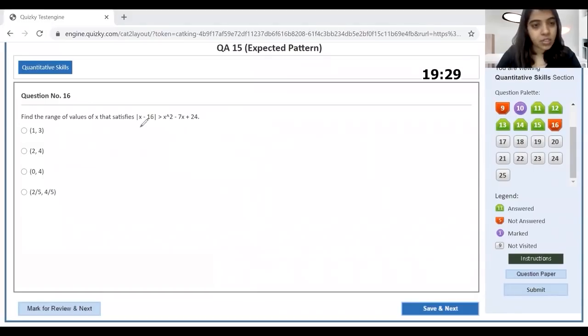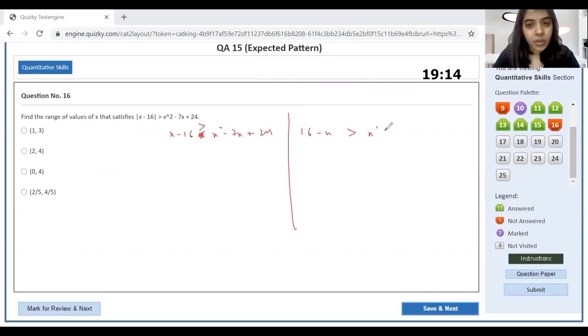x minus 16 is greater than this. So fine, there's going to be two possibilities for it. x minus 16 is less than x square minus 7x plus 24, or 16 minus x is greater than, again greater than, x square minus 7x plus 24.